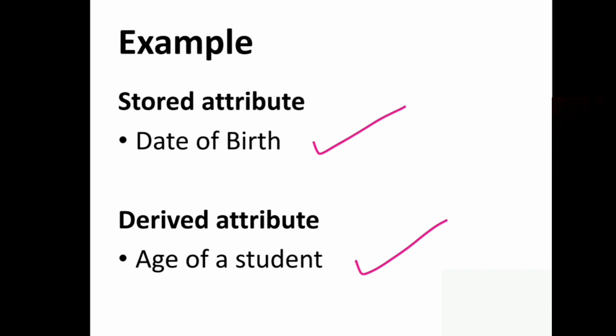But even when the value of the age attribute is not stored, right? Even when the age attribute is not stored, we can still derive the value of the age from the related attribute, that is the date of birth, and the current date. So this is called a derived attribute because although the value is not stored in the database, it can be derived from the related attributes. Alright.